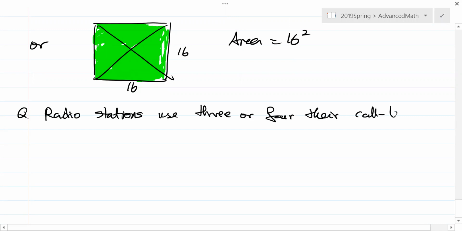We did it before, maybe color letters. The first letter must be A or B. So how many different call letter strings are possible if no letter may be repeated within a string?